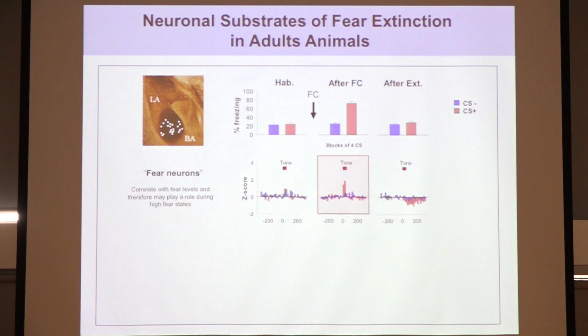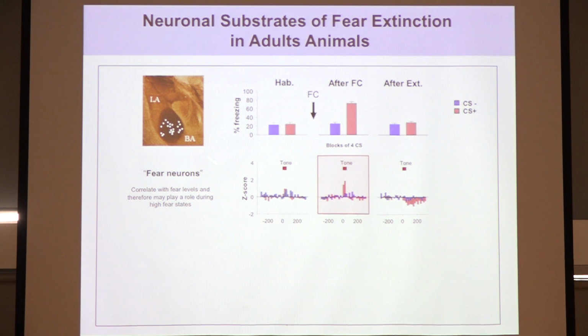We recorded two main kinds of neurons in the basal amygdala during this paradigm. The first kind, we call them the fear neurons. What I'm describing here is the changes in neuronal activity in the average population, for the presentation of the CS minus in blue or the CS plus in red, looking at the changes in activity before and after the tone presentation.